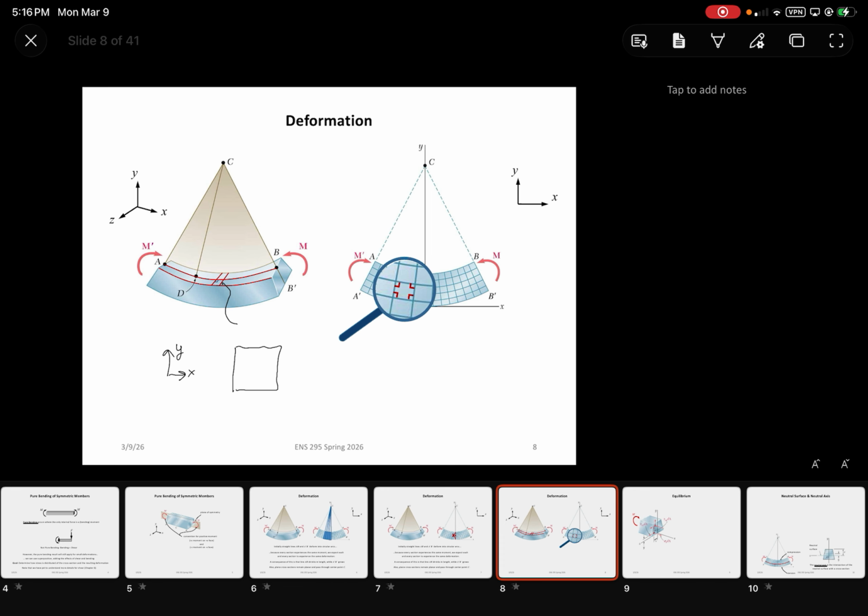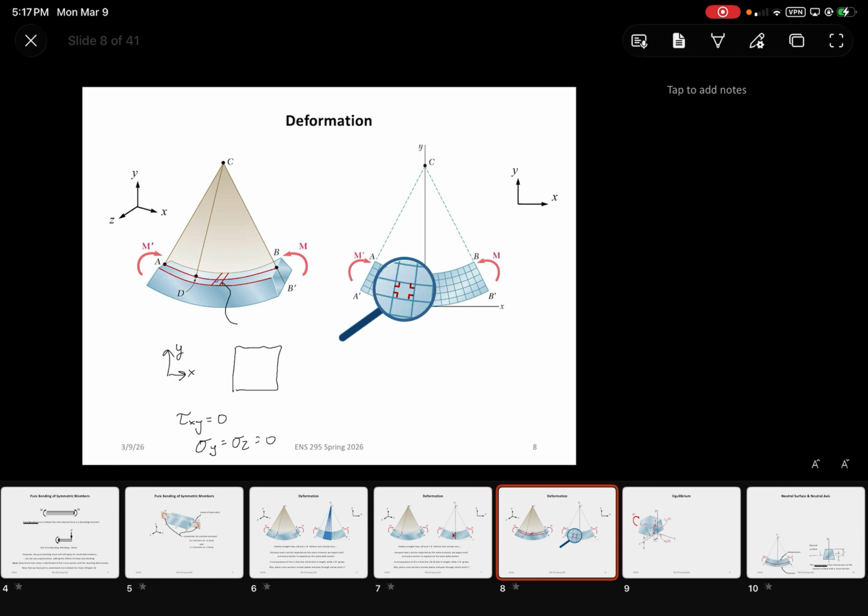Because we are considering pure bending, there should be no shear force, which means no shear stresses. So what we should get is that tau xy is basically equal to 0. In a similar way, there should be no vertical forces being developed or lateral forces. So sigma y and sigma z are also equal to 0.